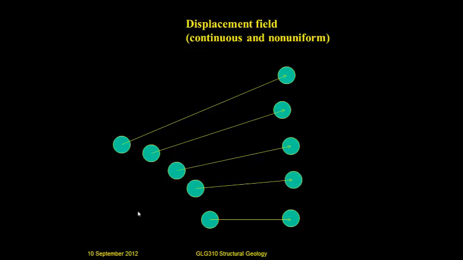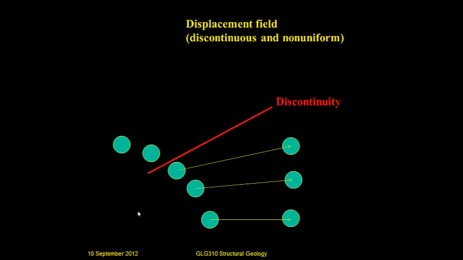So as we move across the field of view or across our map, we see that the displacement vectors change their length and orientation. Another thing that can happen is that we can have a break in the displacement field, and we call that a discontinuity. That's a sharp change that occurs instantaneously, something like, let's say, across a fault. And in this case, above the red line are 2 particles that didn't move at all, whereas below it, they did move, and in this case, non-uniformly.